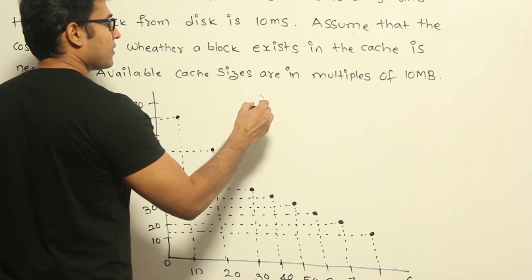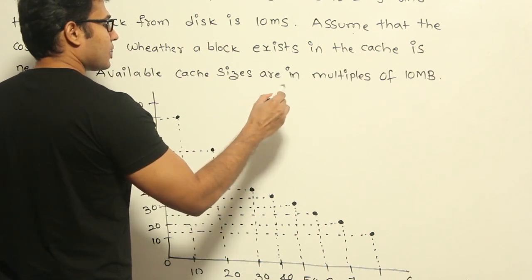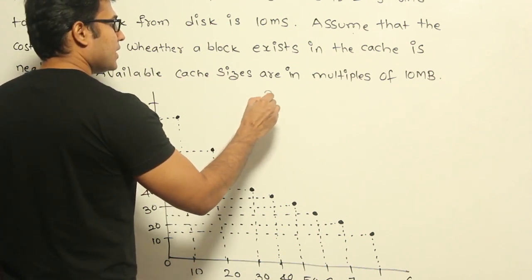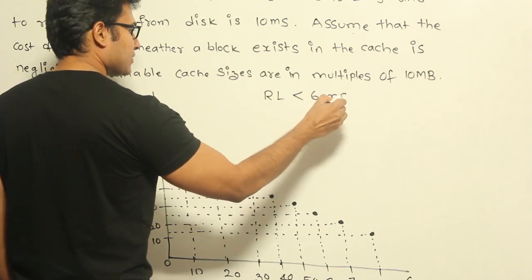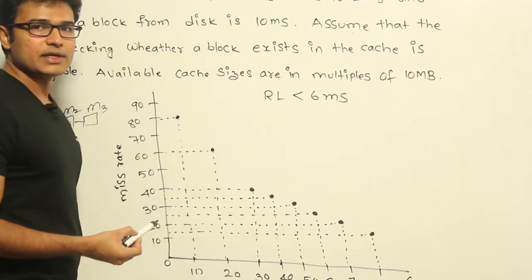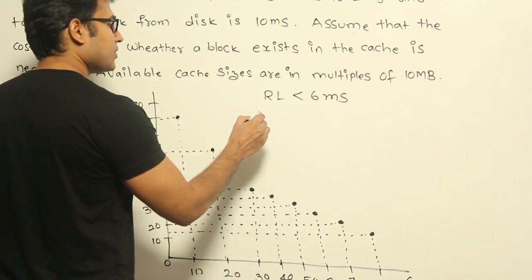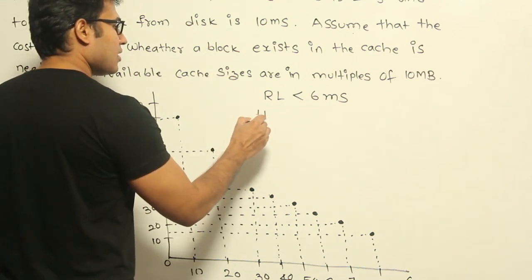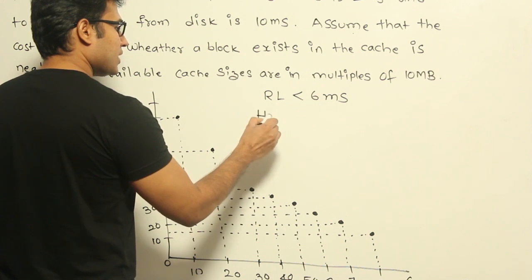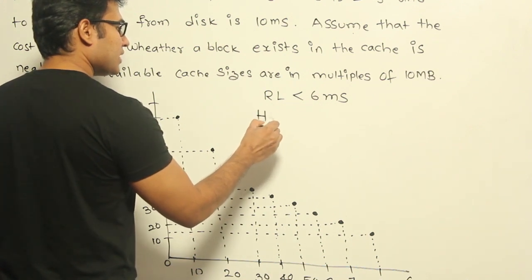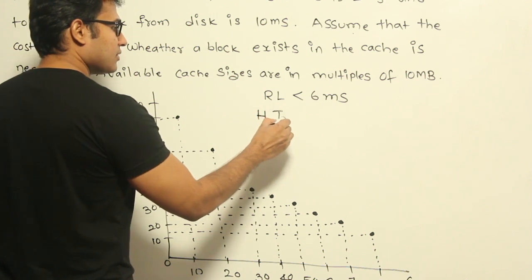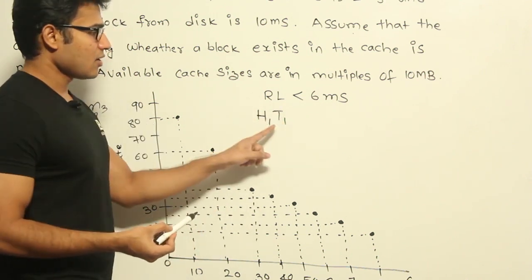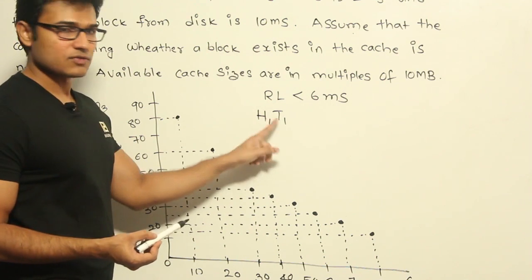So I can write it this way. The read latency has to be less than 6 milliseconds, and as you know, the read latency is the time taken to read from the cache whenever there is a hit in the cache, which is h1 into t1.